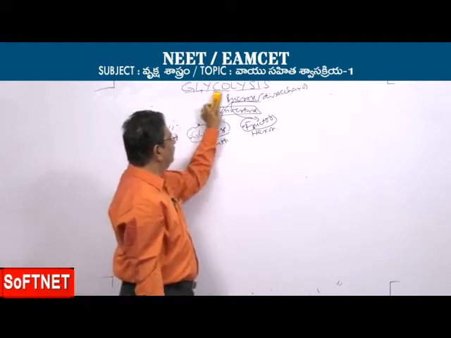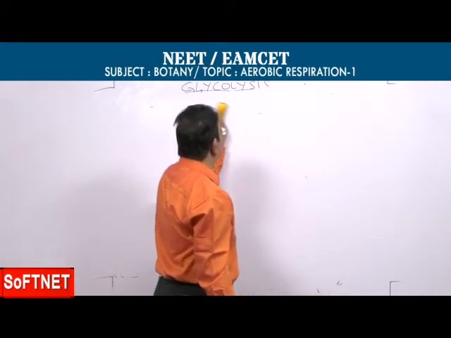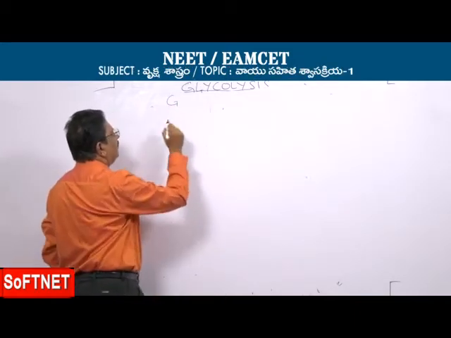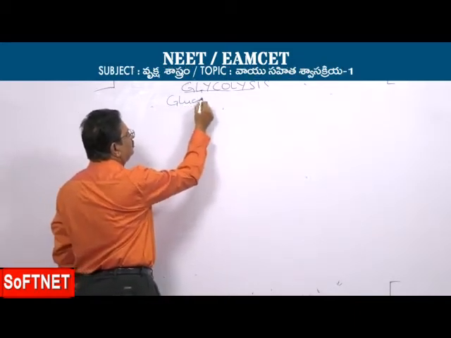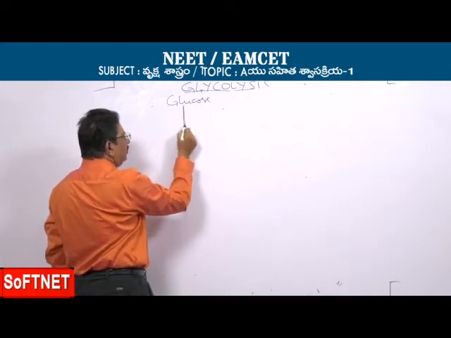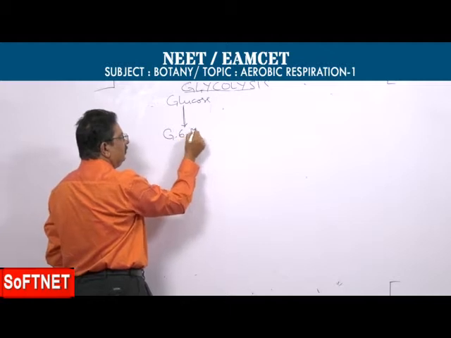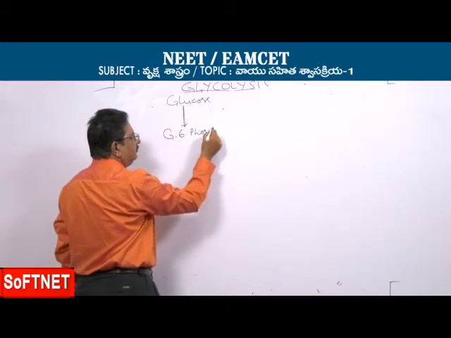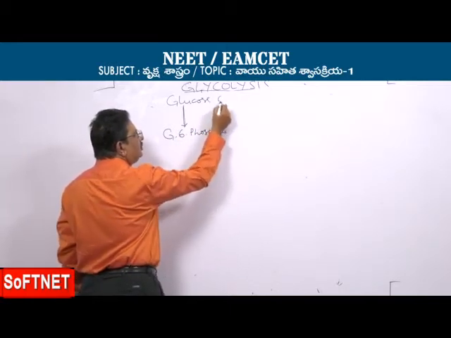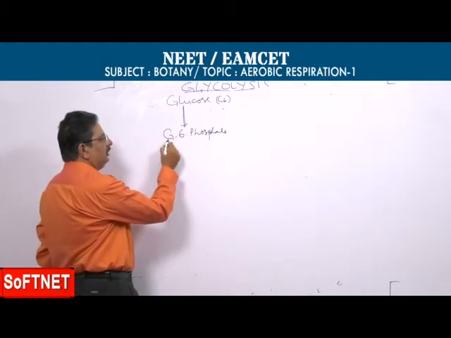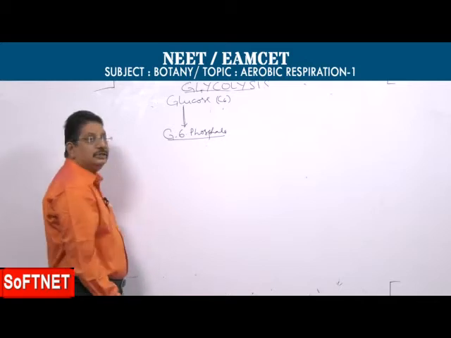So, let us take up the actual process of glycolysis. In this case, glucose converts into glucose 6-phosphate. So, glucose is a C6 compound which is converted into glucose 6-phosphate.